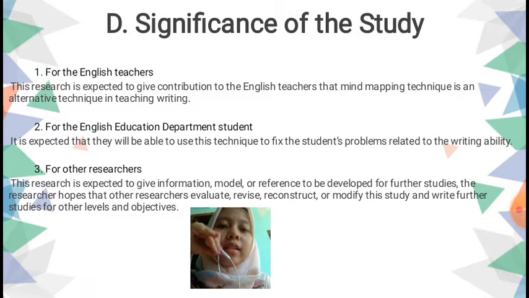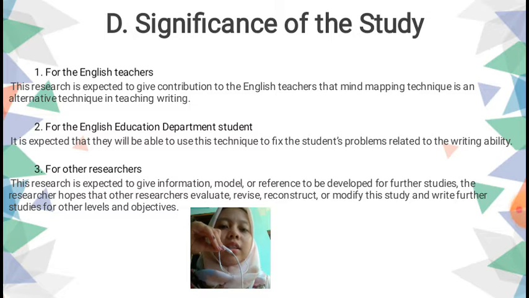Significance of the study. For the English teachers, this research is expected to give a contribution to the English teachers that the mind mapping technique is an alternative technique in teaching writing. For the English Education Department students, it is expected that they will be able to use this technique to fix the student problems related to writing ability.